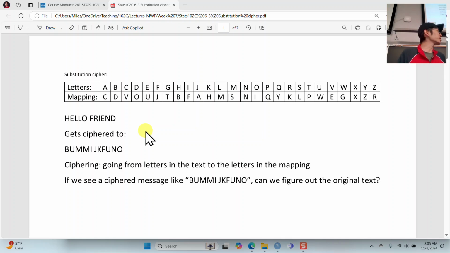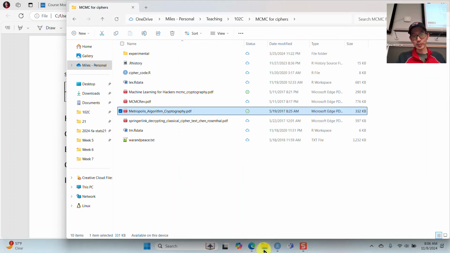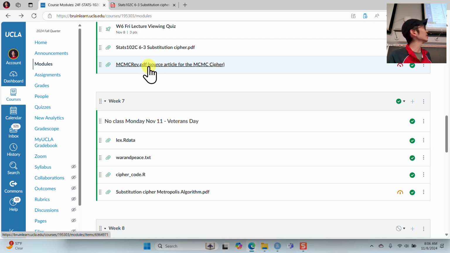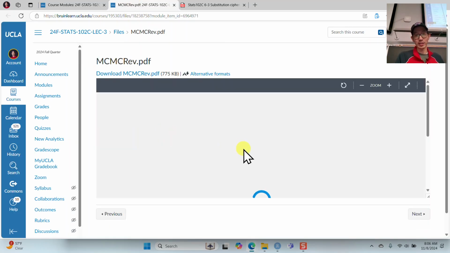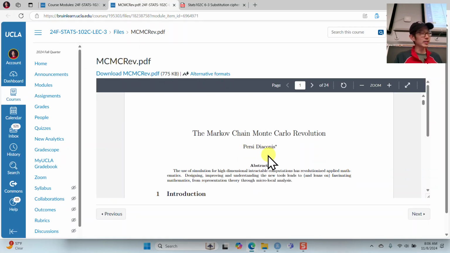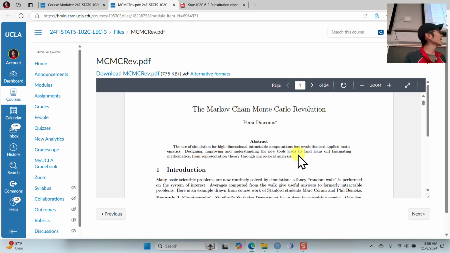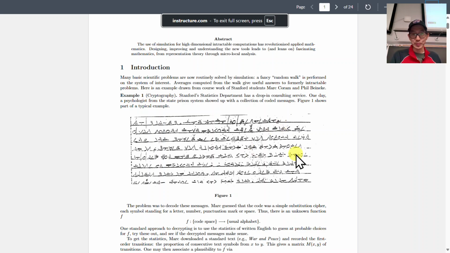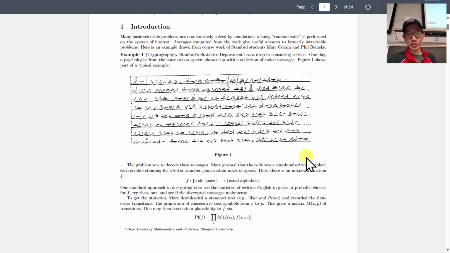And so the question is, what if you don't have the decoder key, but you just encounter the message? This is actually the application. I've posted in the modules this article, MCMC Revolution, by this guy, a professor at Stanford, who was approached to solve this problem.